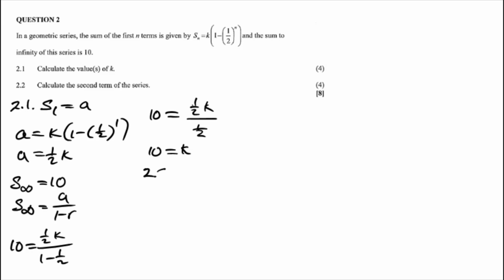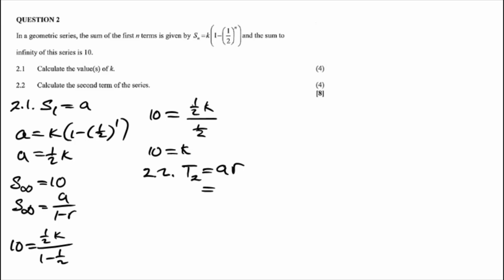And for 2.2, calculate the second term. Now the second term, remember, is T2, so we need to find T2. If we have A and r, remember T2 is ar, so we need to substitute A and then substitute r.